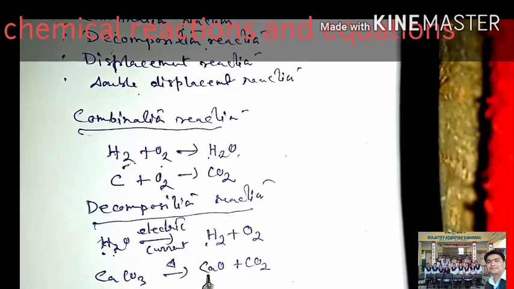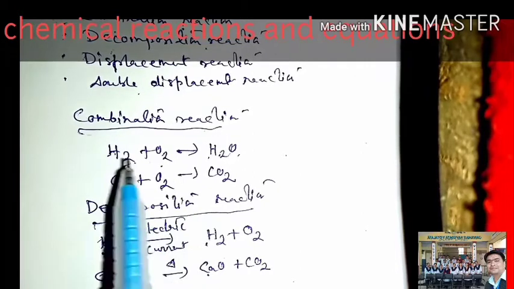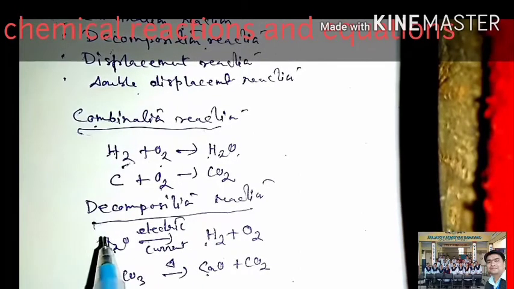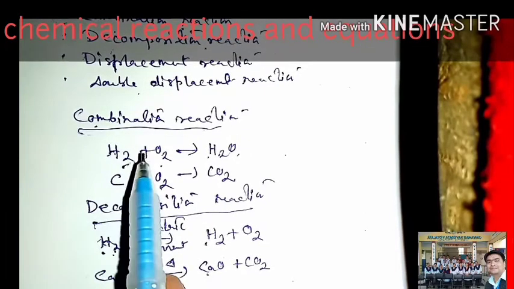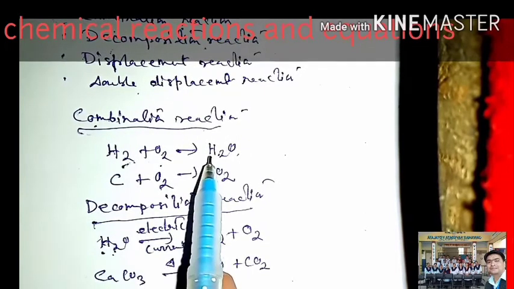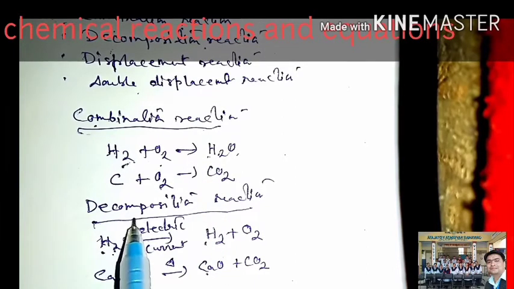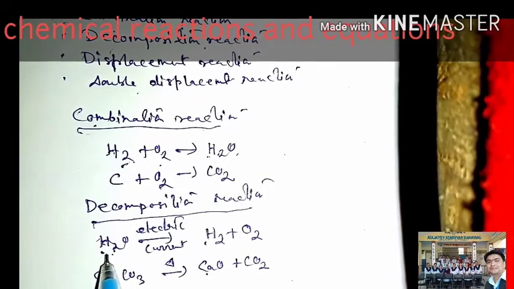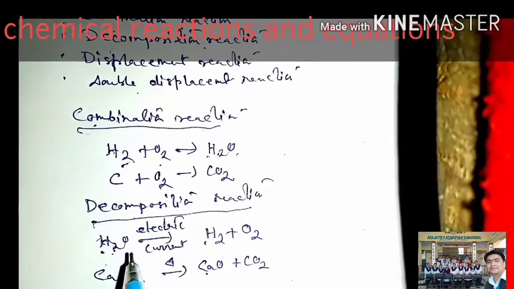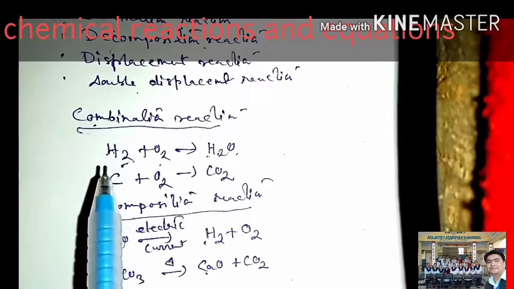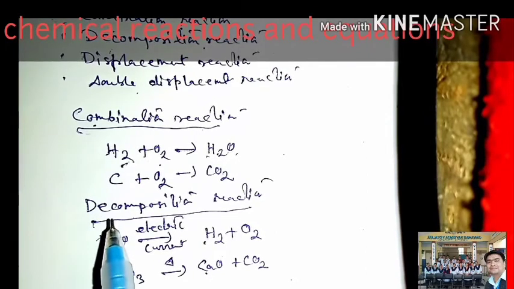So let's compare the combination reaction and the decomposition reaction. Here you see in combination reactions, the product is a single product, but in decomposition reaction the reactant is a single reactant. If we look at these two types of reaction carefully, we can say that they are inverse of each other, just opposite of each other.